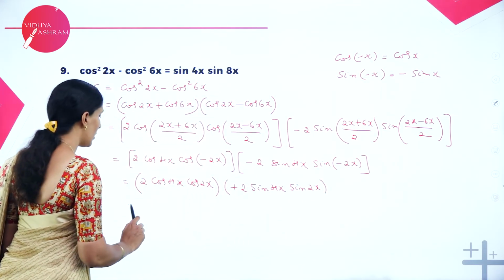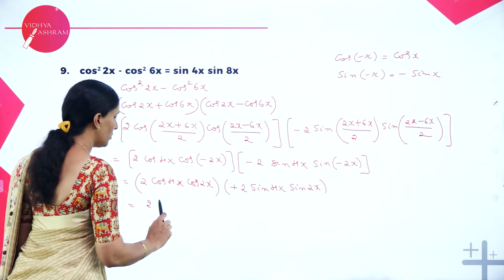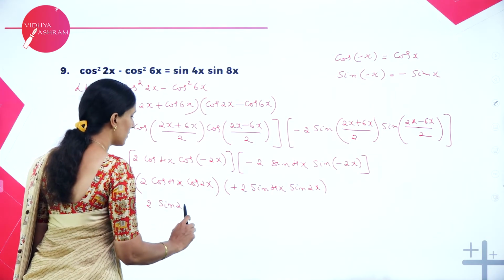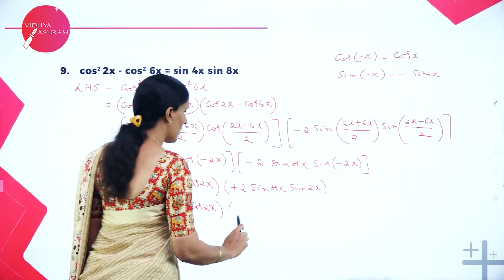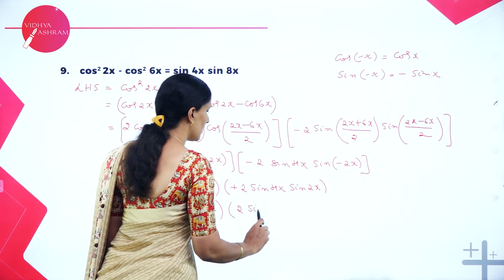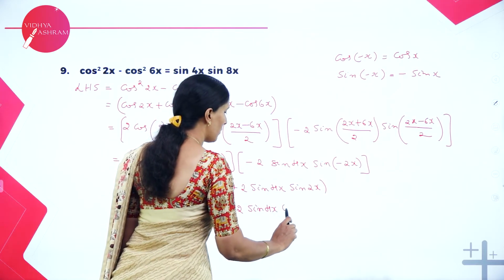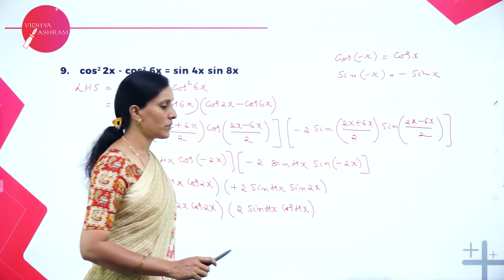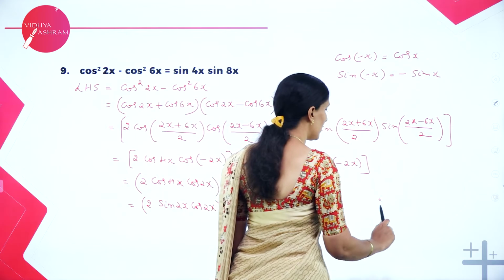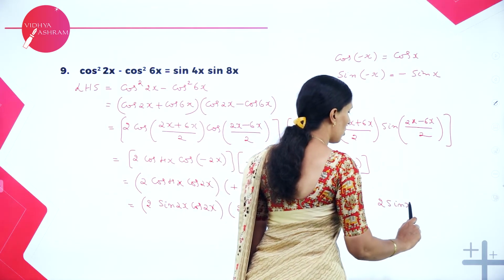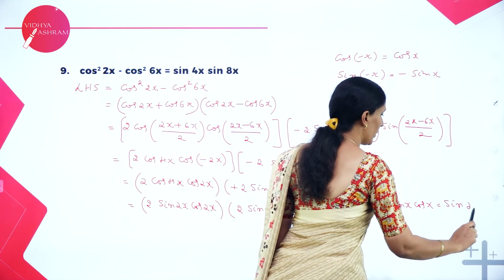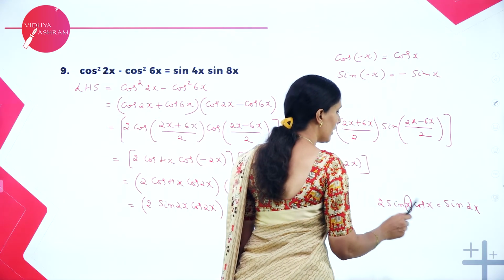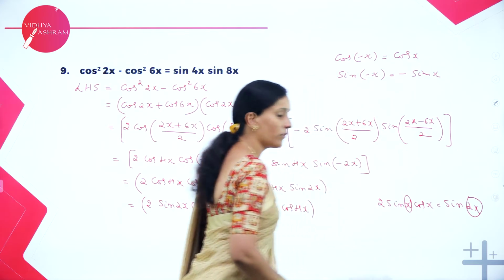Now I will rearrange the terms as 2 sin 2x cos 2x and here 2 sin 4x cos 4x. Now again using the multiple angle formula, that is 2 sin x cos x can be written as sin 2x. So if you have x here, then here it should be in the form of 2x.